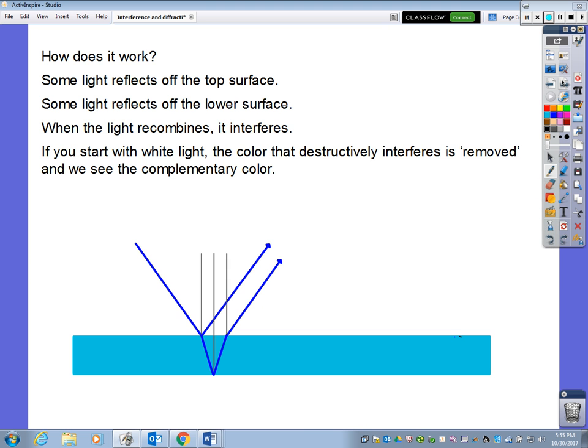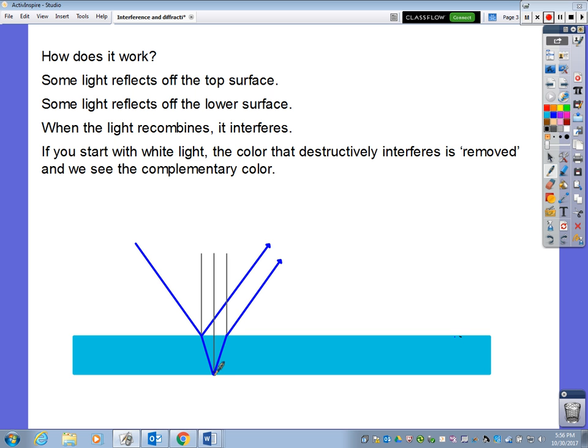When we have a thin film and we illuminate it with light, here I've got a blue light ray coming in, hitting the surface, and reflecting off the top. But some of it also goes into the thin film. Notice it gets refracted a little bit.